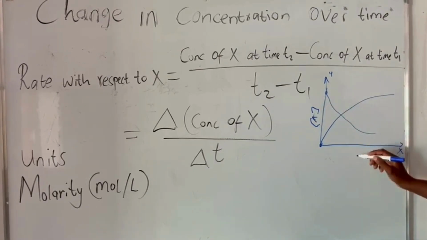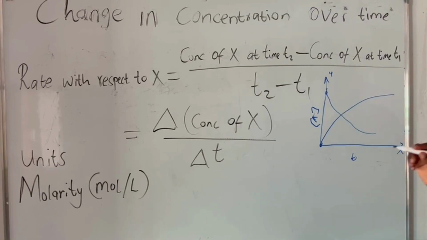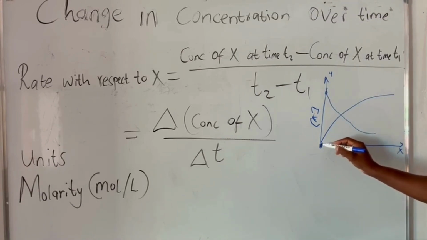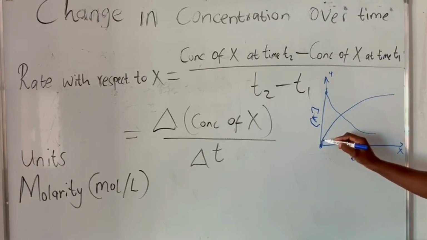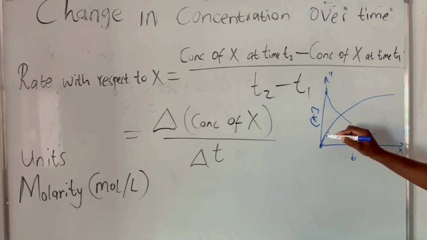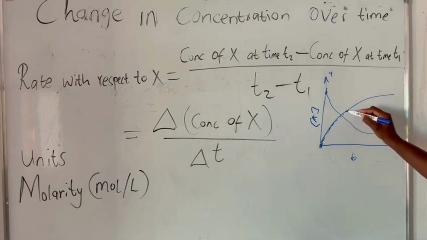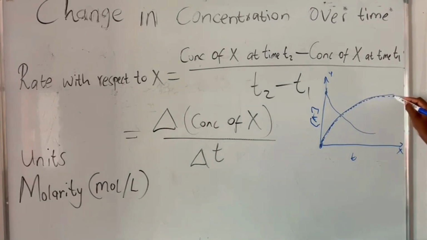If we are talking about concentration of A, this is time on the x-axis, then you will realize that at time 0 there is no product yet, meaning that the graph for the product will normally start at 0, and as time proceeds it will curve up like that all the way to give us a certain product.